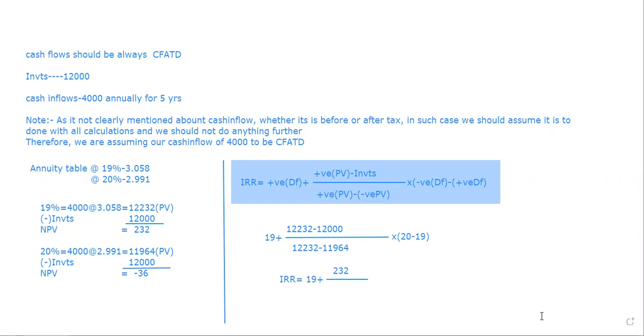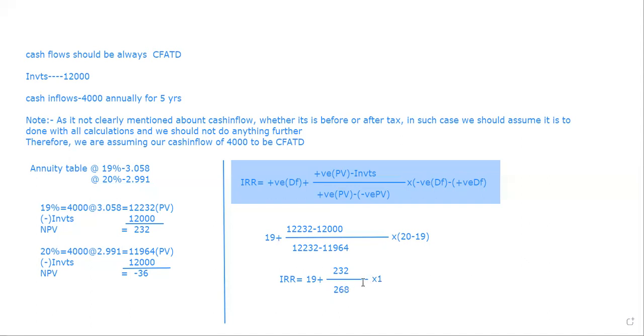How much do we have to minus now? 12,232 minus 11,964. So therefore I got 268. Now into 1, because 20 minus 19 is equal to 1.